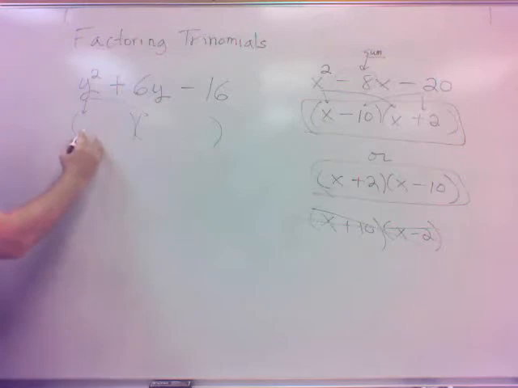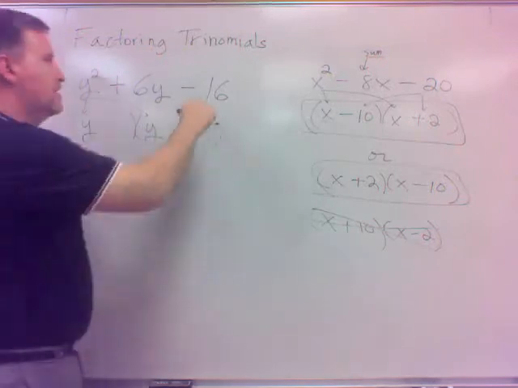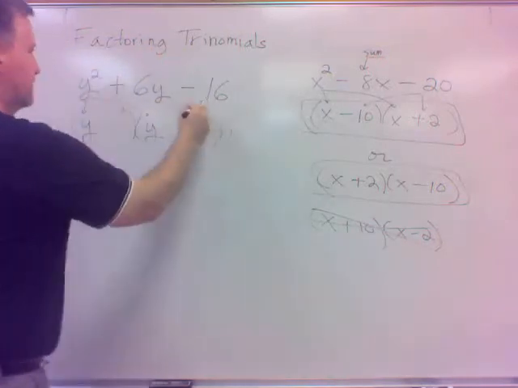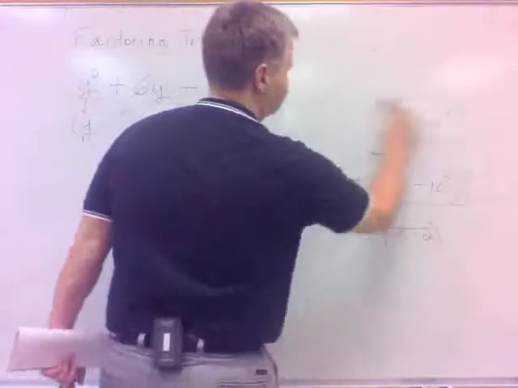So what is that going to be? Y squared, about one way you can do it, right? Y and y. Then the other 2, I'm looking at factors of the last one being minus 16. You think of 2 factors that give me a negative 16.